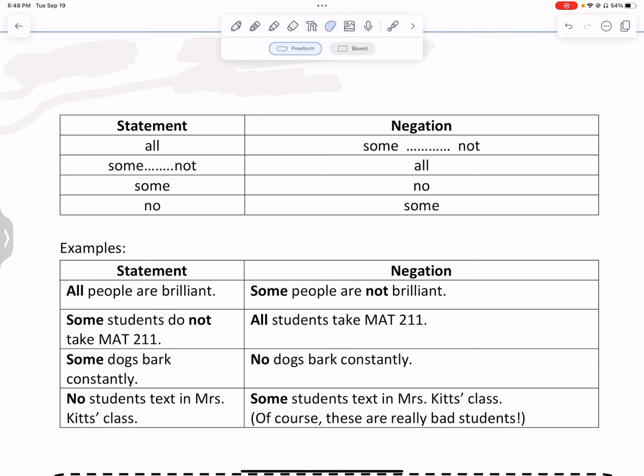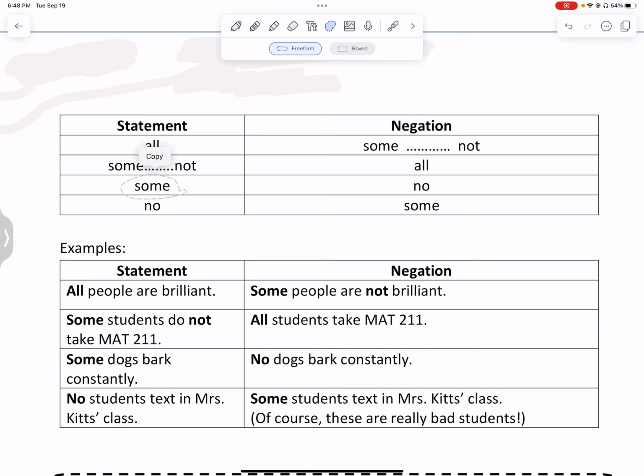So anytime the statement says all people like pumpkin spice, the negation would be, well, some people do not like pumpkin spice. And if you say, well, some people do not like pumpkin spice, you would negate it by saying, all people like pumpkin spice. Here's another one.